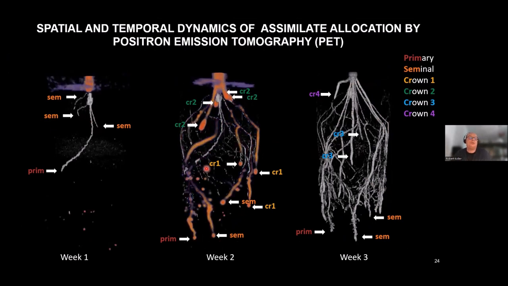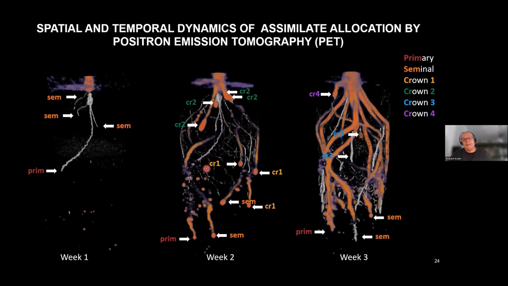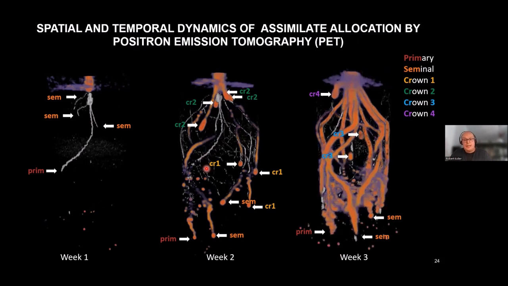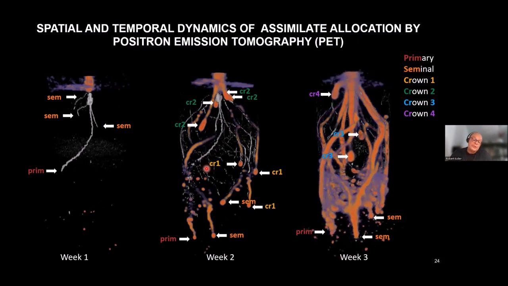And she's now using this information for understanding the carbon allocation and for image-guided sampling. So she now wants to identify the microbial community according to the tracer level and how much this tracer level explains the microbial community composition.